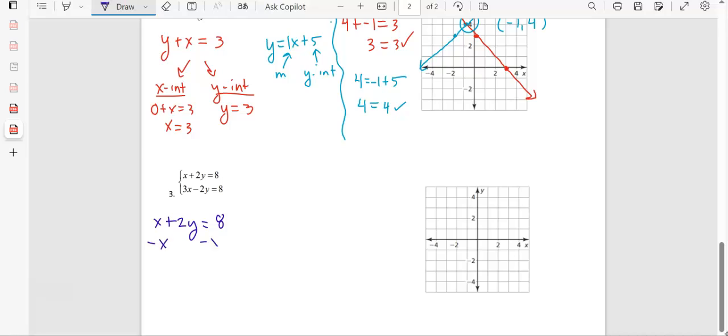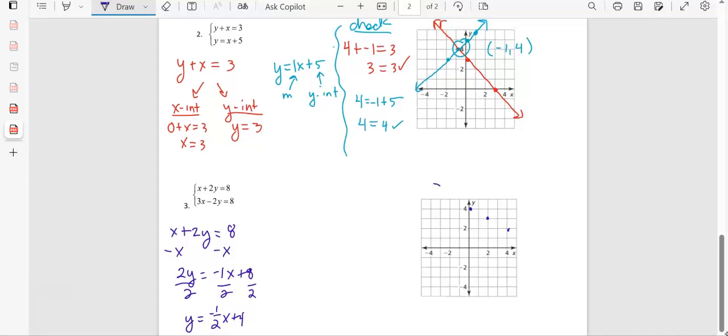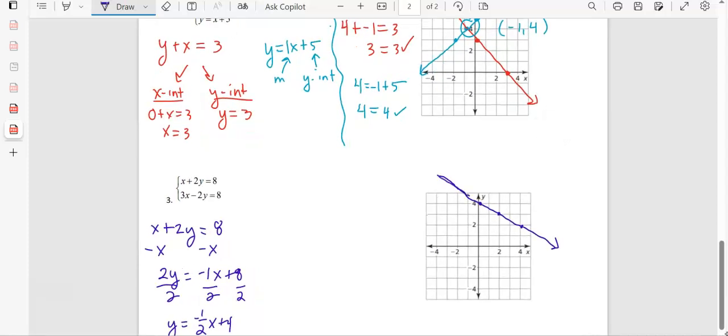So remember, to get something into slope-intercept form, I'm going to isolate the y. So my first equation has a y-intercept of 4 and a slope of -0.5. Again, yours will be a lot more accurate than mine, which will be wonderful.